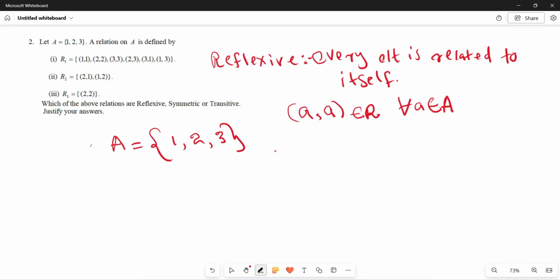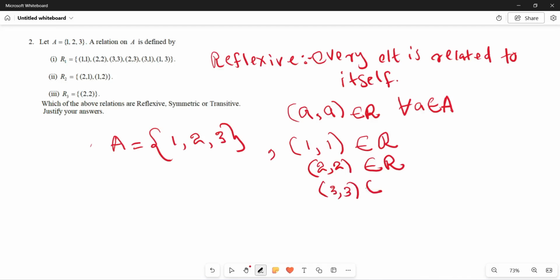We want to check whether all these are available in our relation. What ordered pairs can we write? (1, 1): we check whether it belongs to R. Then (2, 2), because 2 also should be related to itself, belongs to R. And (3, 3) also in the relation.